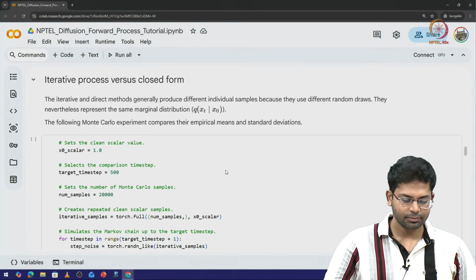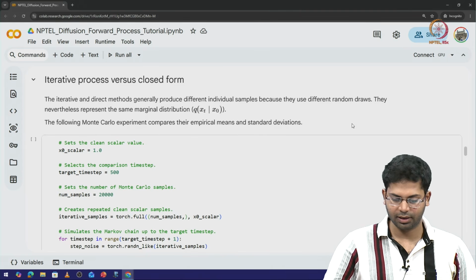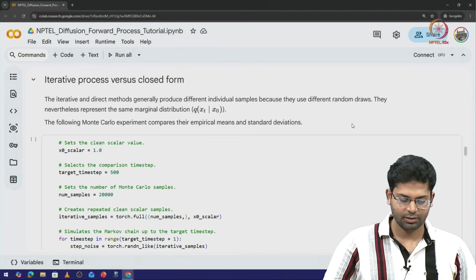What is the variance? The iterative and direct methods generally produce different individual samples because they are different random draws. They nevertheless represent the same marginal distribution. The following Monte Carlo experiment compares their empirical mean and standard deviation.